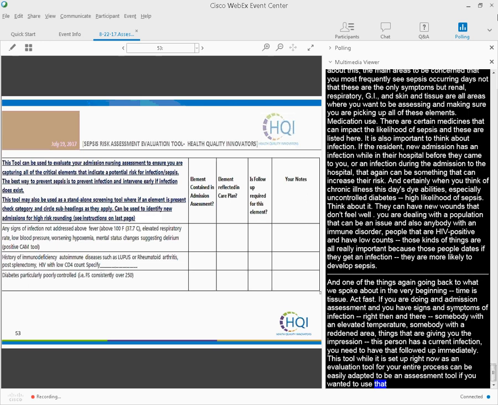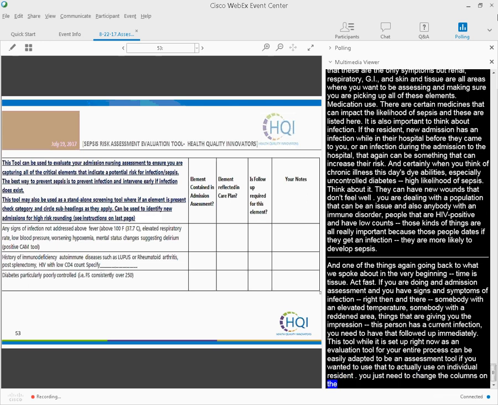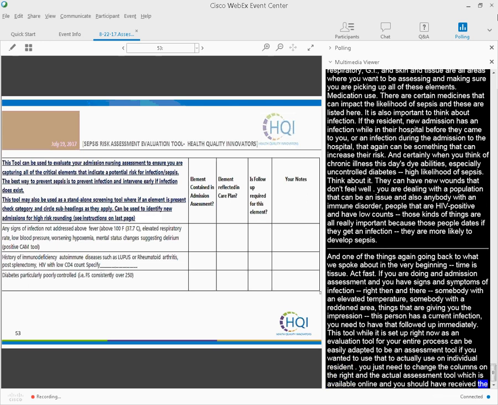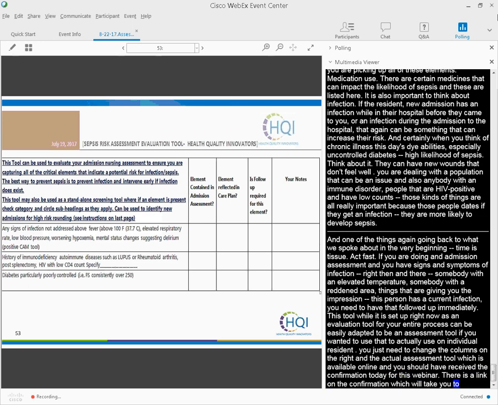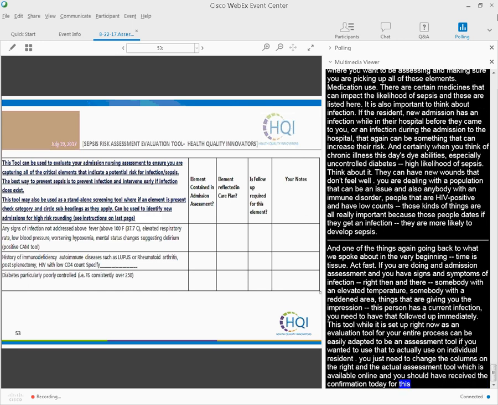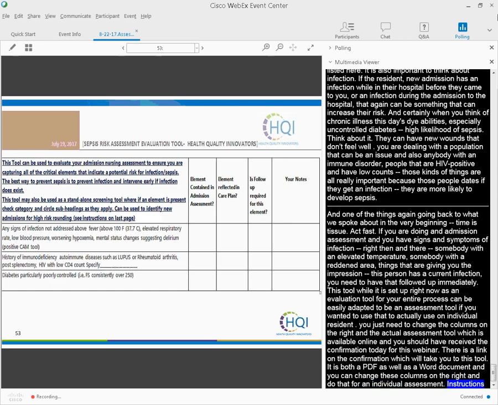The actual tool is available online, and if you received a confirmation today for this webinar, there's a link on that confirmation which will take you to it. It is both a PDF as well as a Word document, and you can change the columns on the right and do that for an individual assessment. Those instructions are included in this.